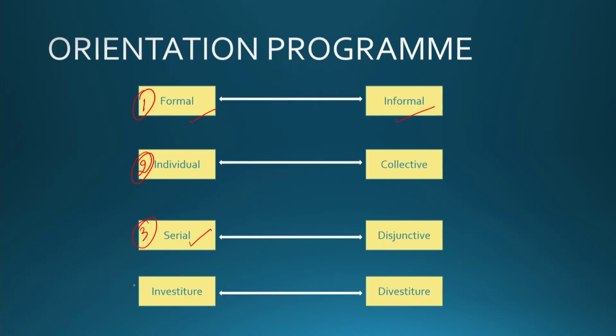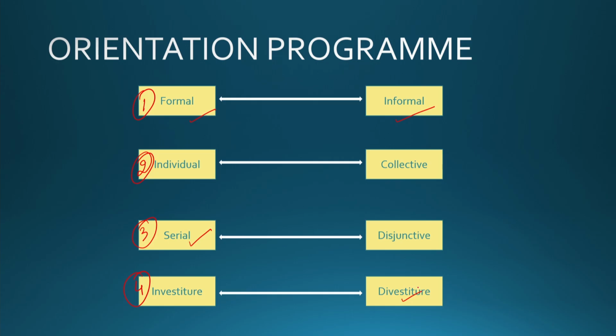Then we have the fourth type of orientation program, that is investiture and divestiture. Under the investiture program, the new employee is given the task for which he has been selected. So he brings usefulness to the organization. Whatever he is selected for, the same skill is used to give him the task.